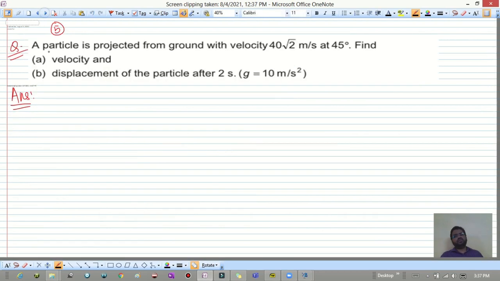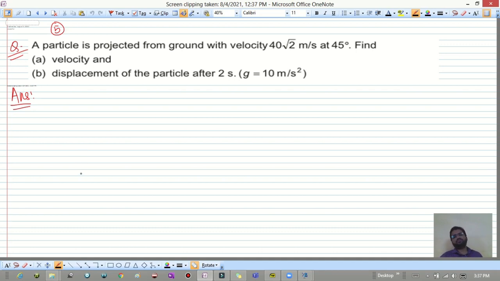Now the next question we have: a particle is projected from ground with velocity 40 root 2 meter per second at 45 degree. Find velocity and displacement of particle after 2 seconds.